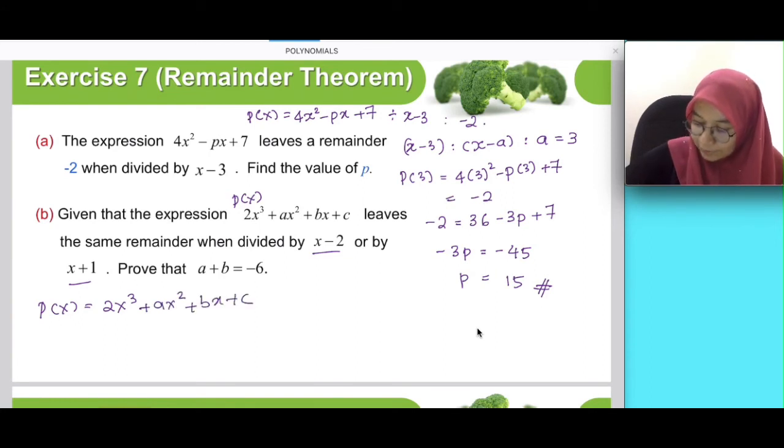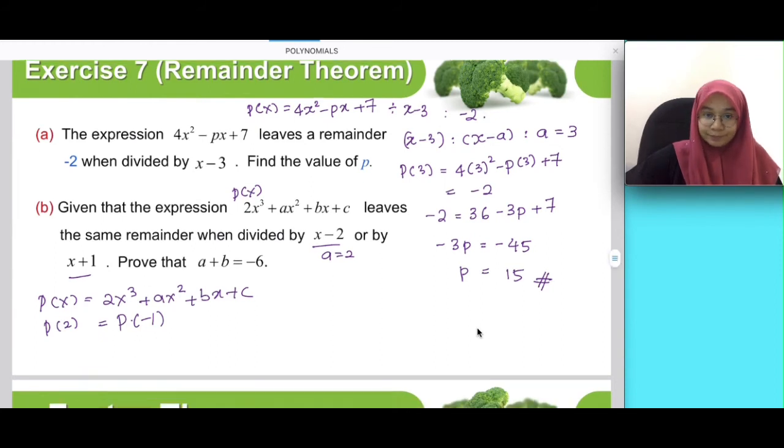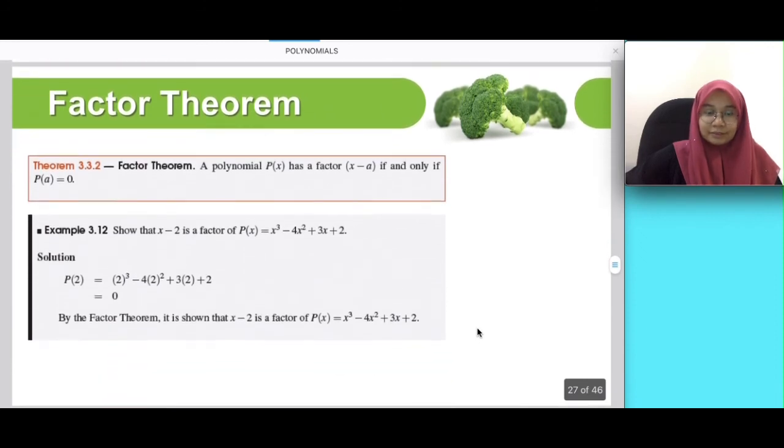So when divided by x minus 2, a is equal to 2. So P(2) is equal to P(-1). You just have to substitute into the formula 2 and negative 1. Okay, done for the remainder theorem.